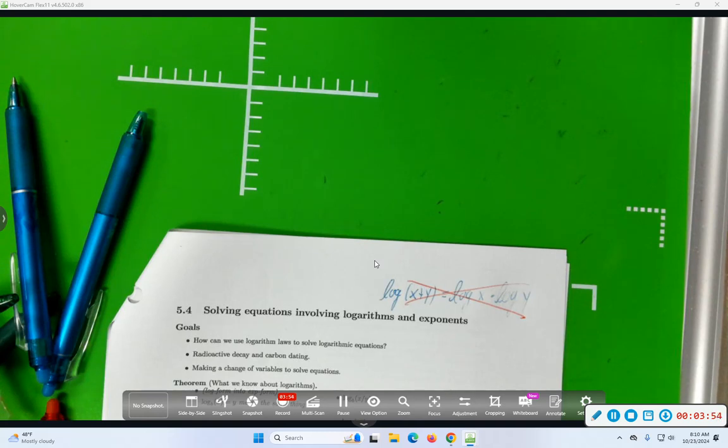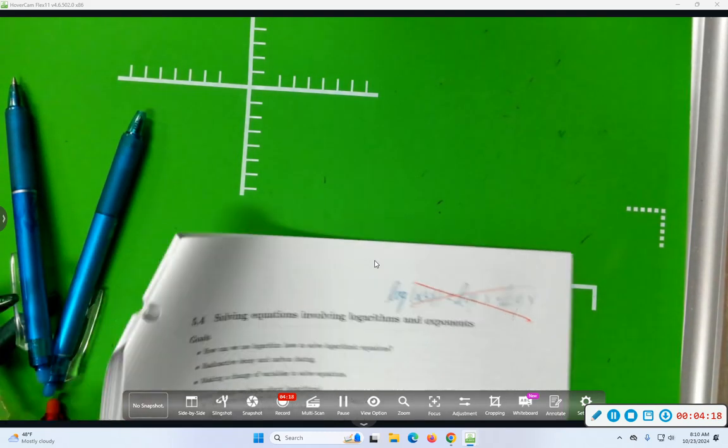Change of base formula for exponentials. You have an exponential a to the x, and you'd like to work with a different base. How do you do that? It's in the list, right? Yeah.